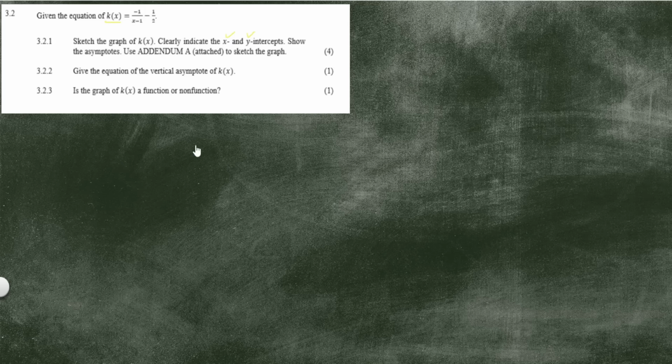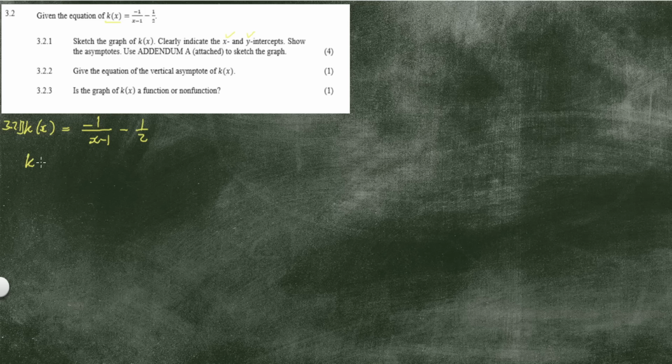But before we start plotting, let's go ahead and calculate the x and y intercepts first. Alright, so we have k of x equal to minus 1 over x minus 1 minus 1 over 2. This is 3.2.1.